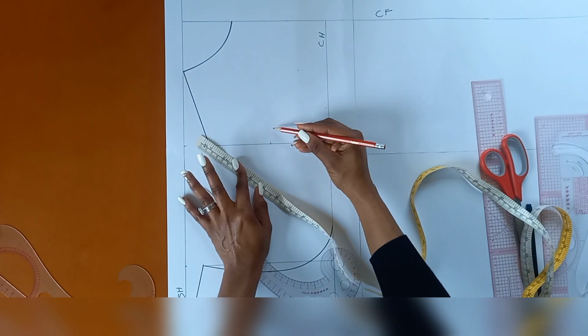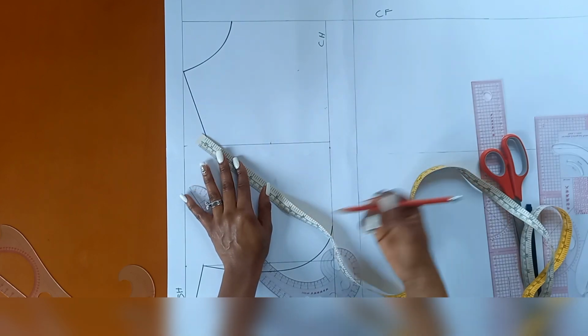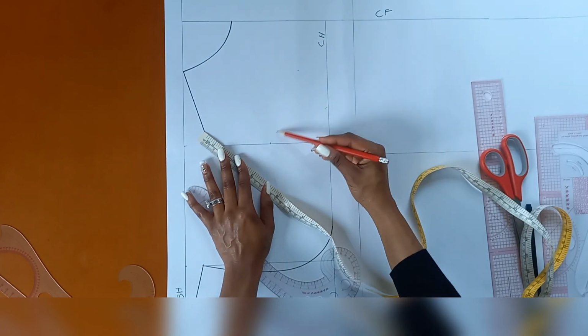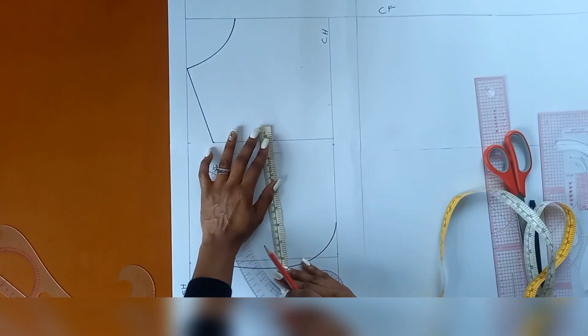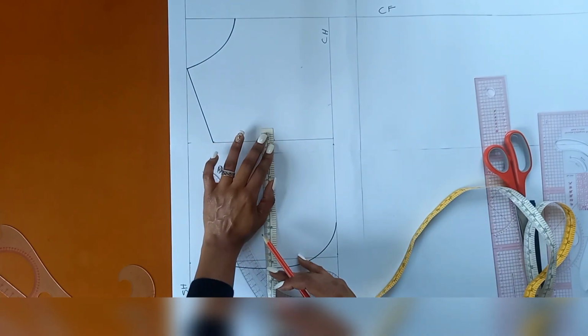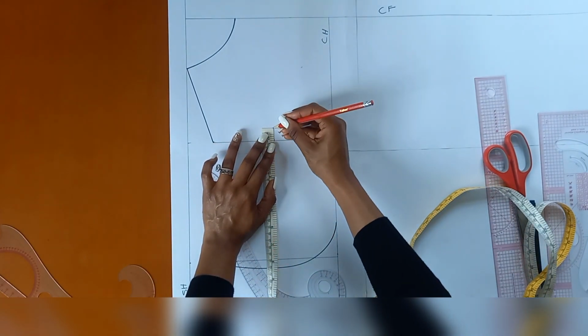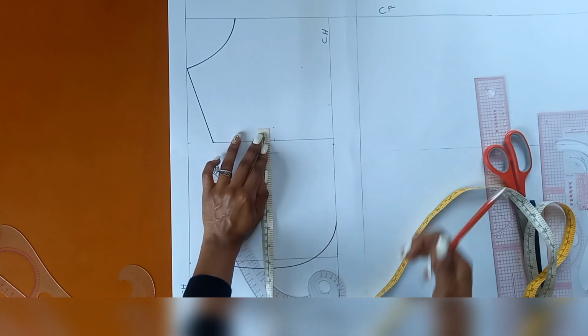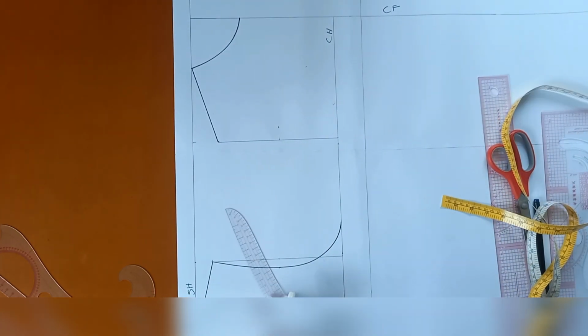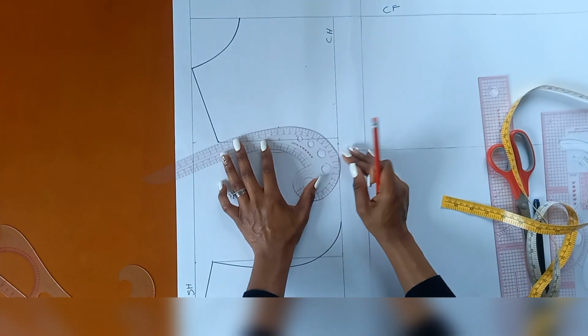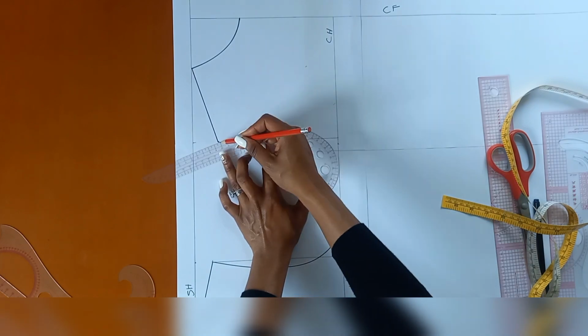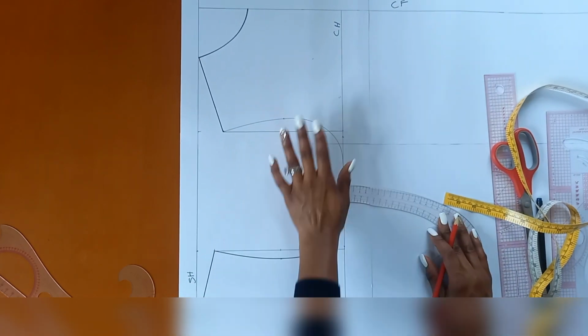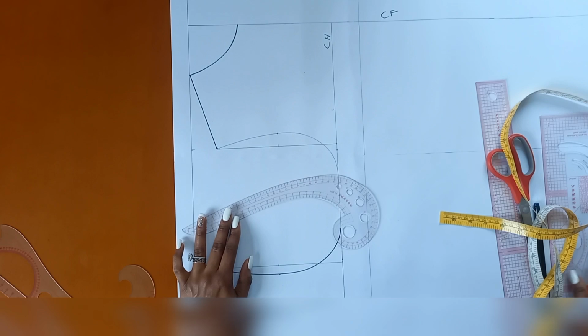Now I'm going to be coming in here by 0.75, not half of an inch, but 0.75 or 3/4 of an inch. I'm just going to mark that here, and I'm also going to curve it. So that's our front armhole curve.